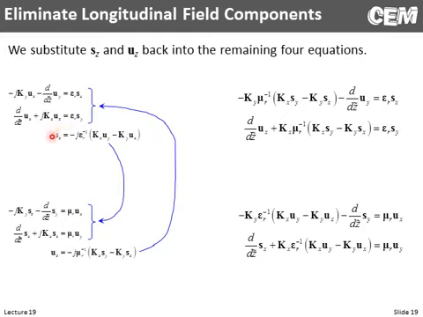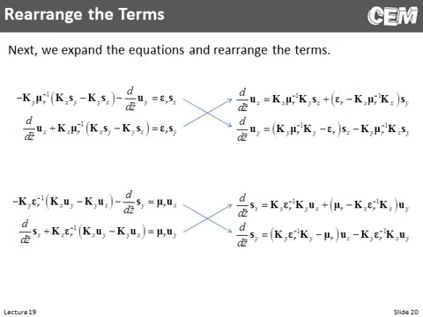Again, we'll take the expression for S sub z and plug it in down here. We'll take this expression for UZ, plug it in up here, and we end up now with 4 equations not containing any longitudinal field components. There's no S sub z or U sub z in these equations, and we're down to 4.